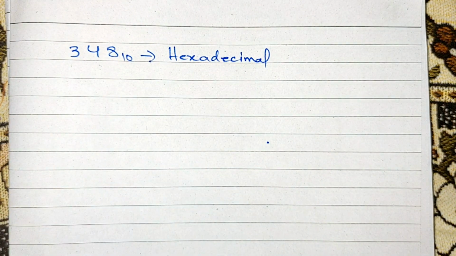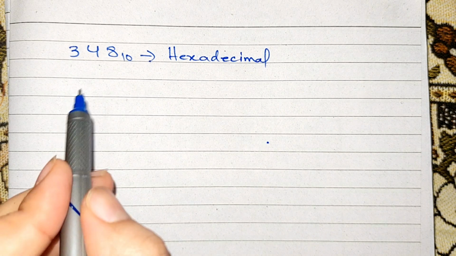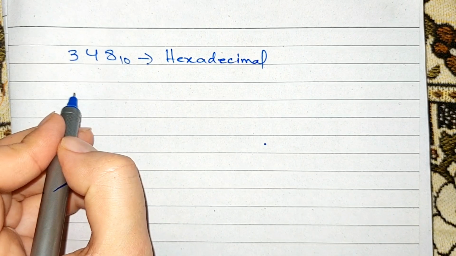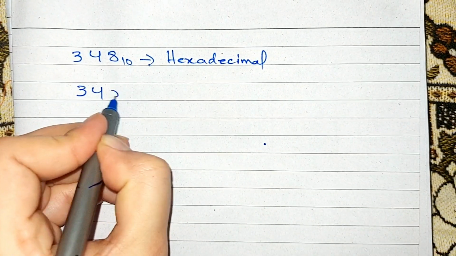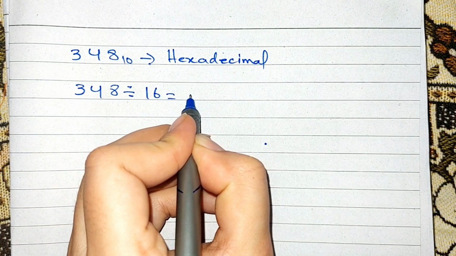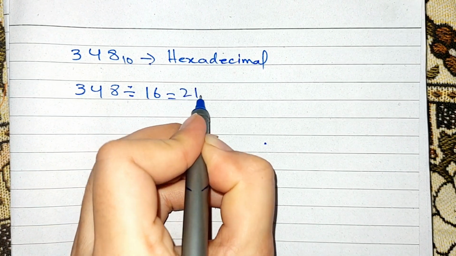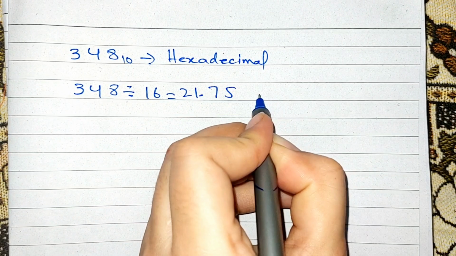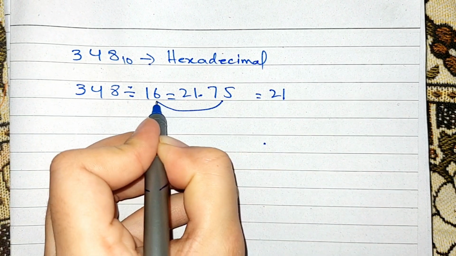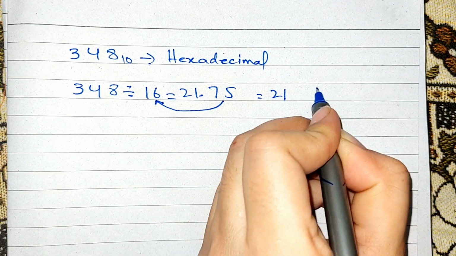Now we know in hexadecimal we have base 16, so it means that we will divide 348 by 16. That will equal 21.75. So I'm writing 21 separately, and this 0.75 will be multiplied by 16, so we get a remainder of 12.